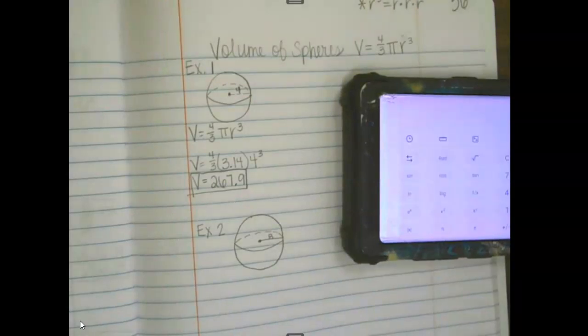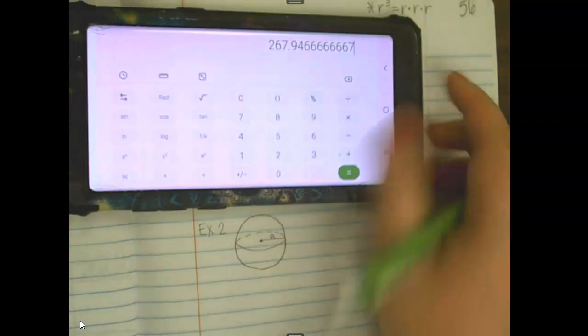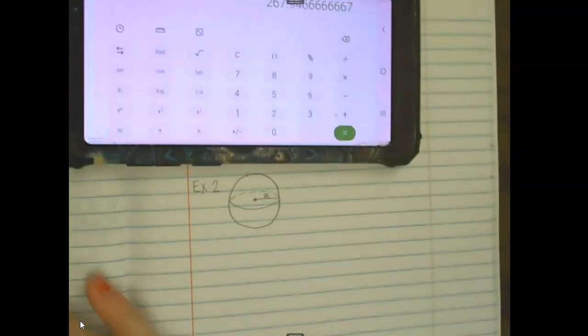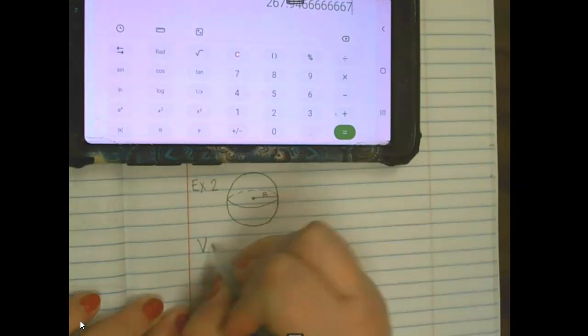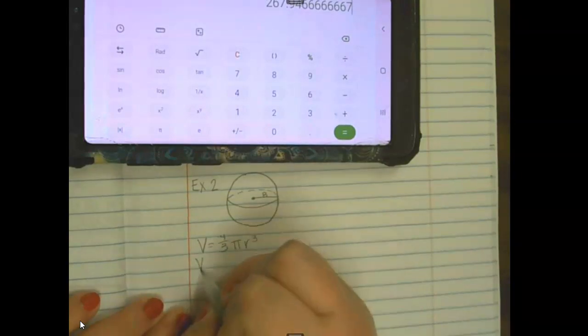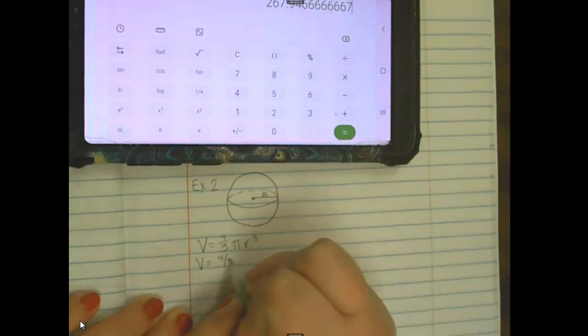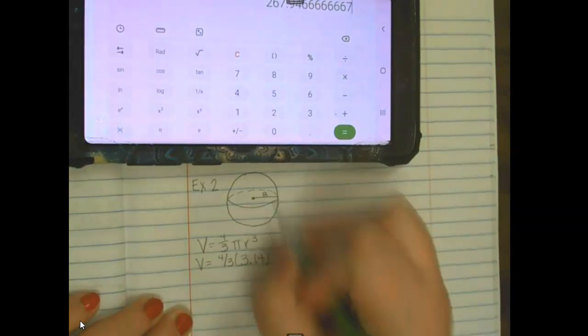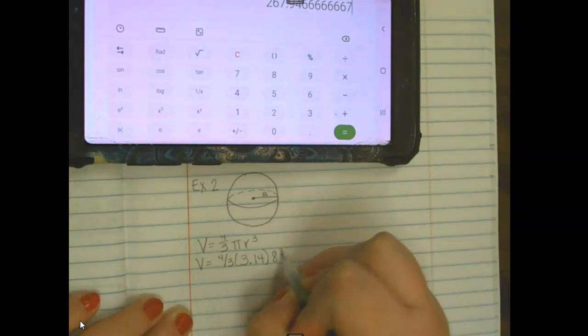Because most of you will probably be using this kind of calculator, I will use my phone calculator to demonstrate it. So we're going to do, volume is 4/3 pi r cubed. So I'm going to do 4/3 times 3.14. My radius is 8 cubed.